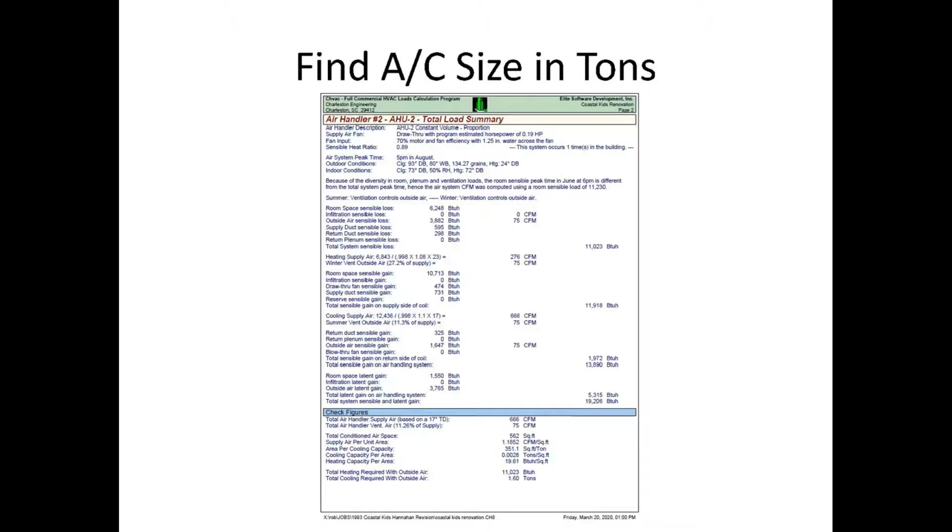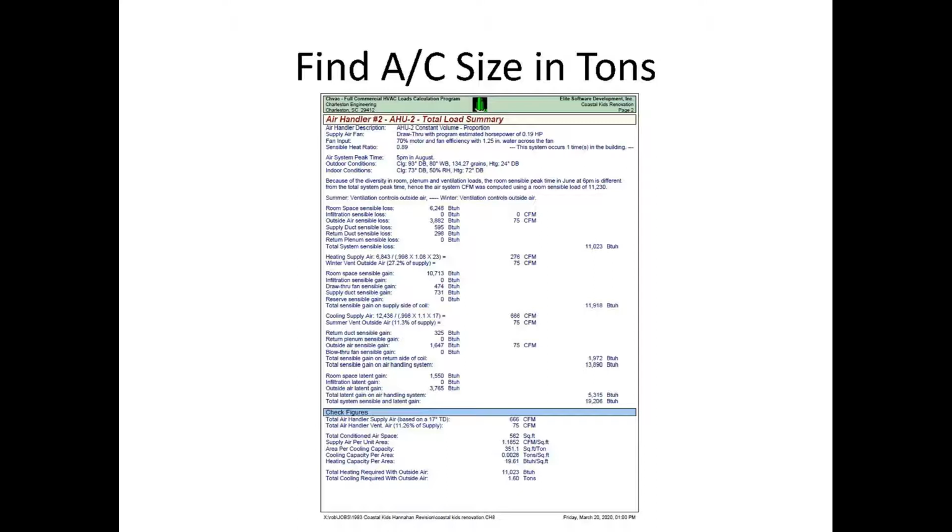The grand total is 1.6 tons. So I would round up to a 2-ton heat pump unit. And these heat pumps come in half-ton sizes, like 1.5, 2-ton, 2.5, 3-ton, and so forth.